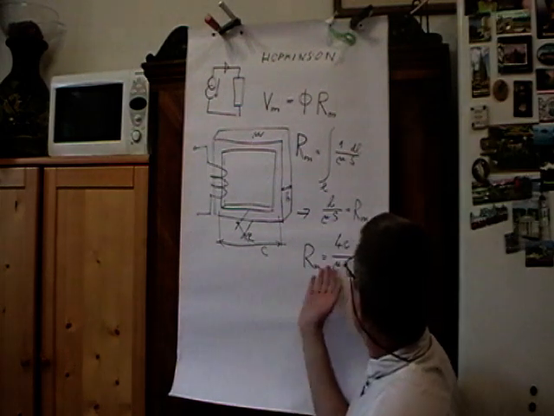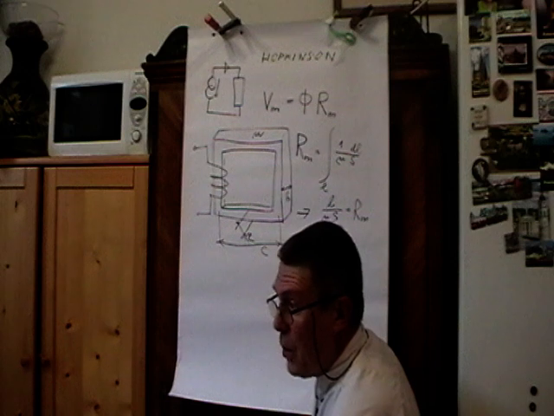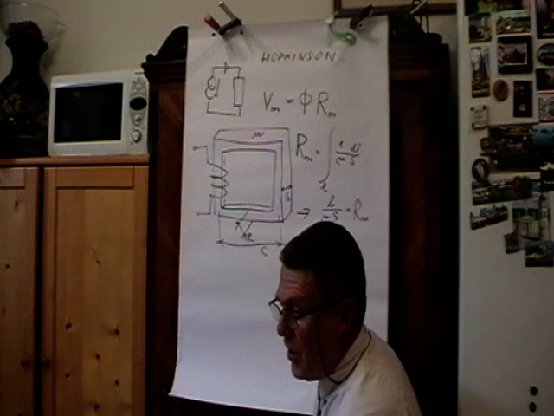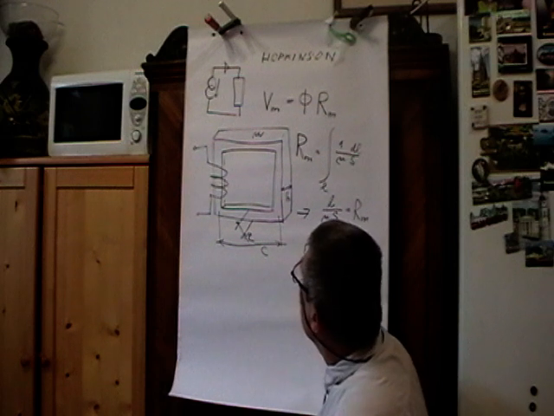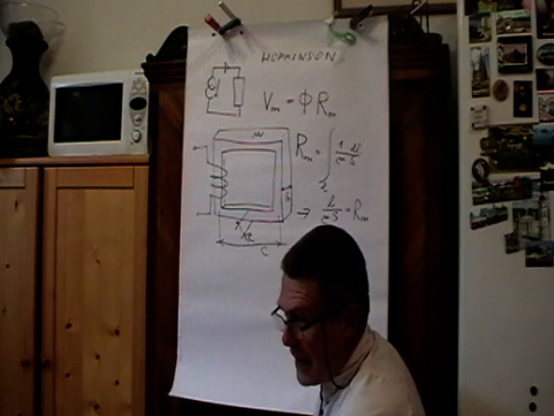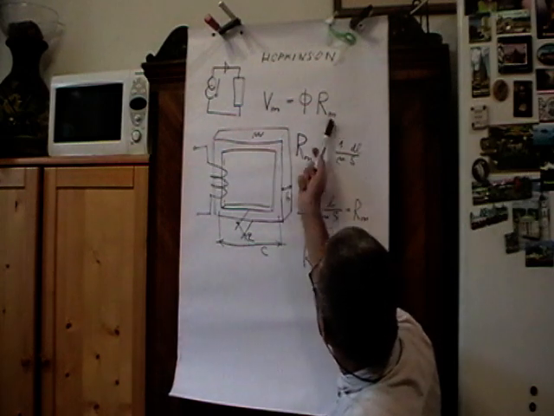Now we have this simple equation, and we can now ask questions about magnetic flux in the core and also about the inductance. Now let's first start with the magnetic flux through the core. So we have the Hopkinson law.